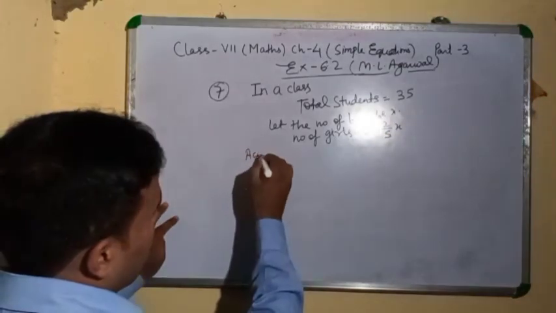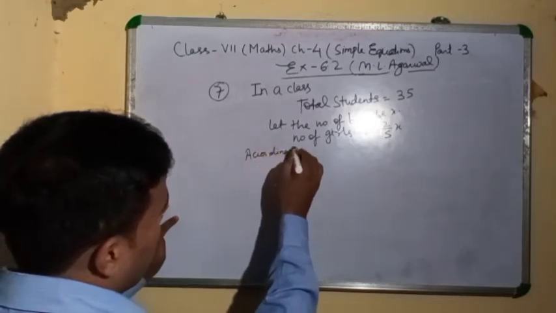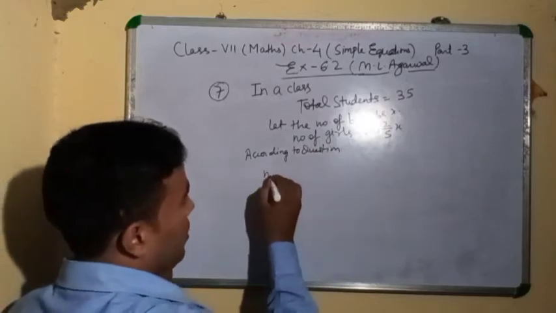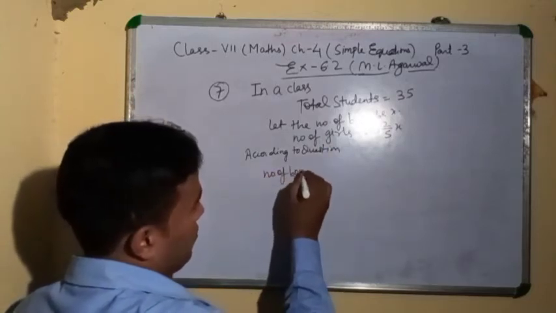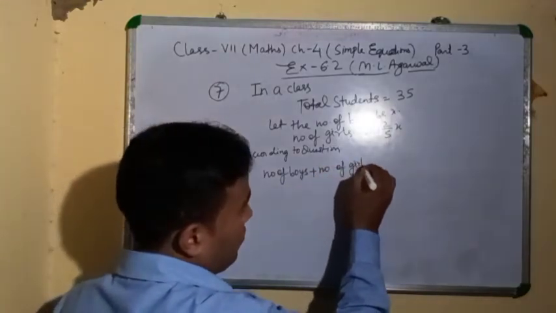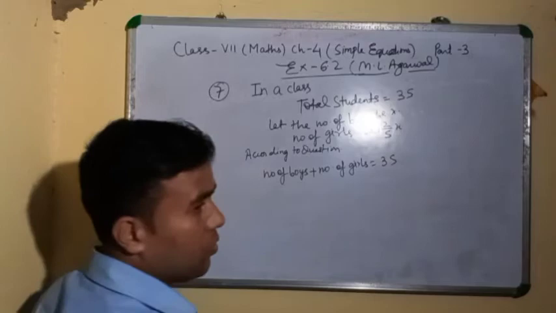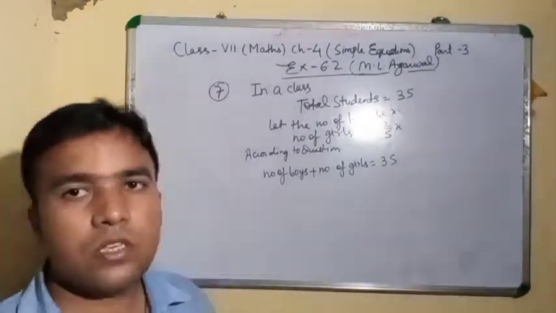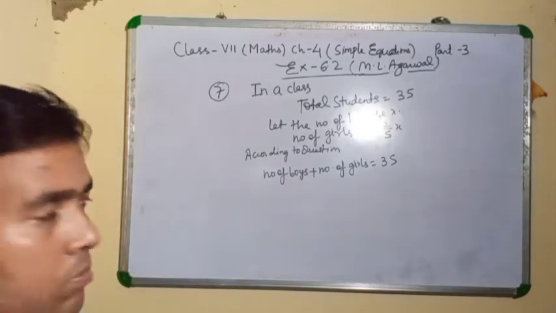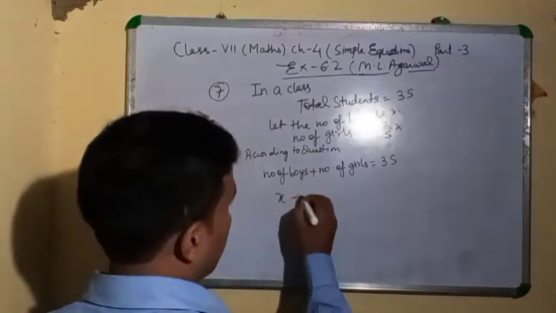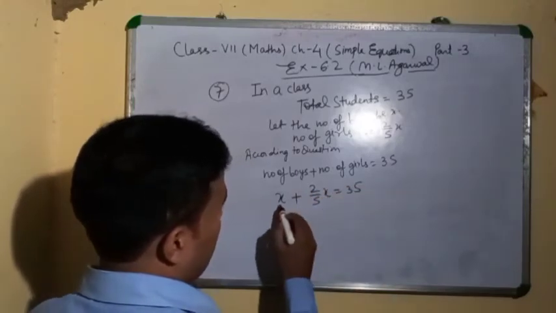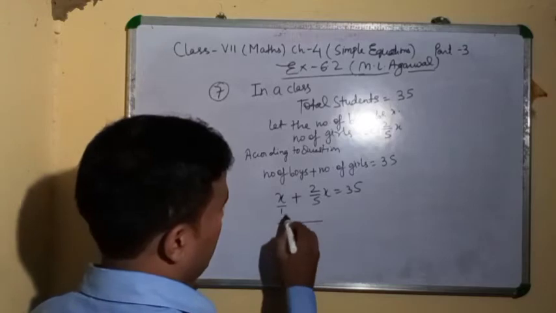According to the question, number of boys plus number of girls equal to 35. Students means number of boys and number of girls. x plus 2/5x equal to 35. LCM is 5.